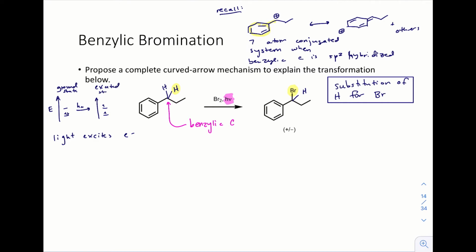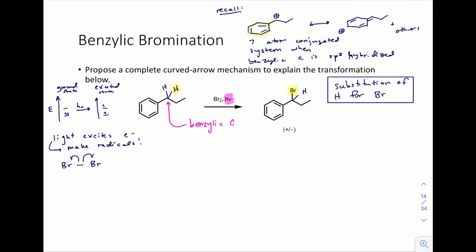Taking a look at the excited state, what does it look like? Yes, a radical. So light can excite electrons to make radicals. And in the case of this reaction, it excites electrons in the bromine molecule to generate bromine radicals.